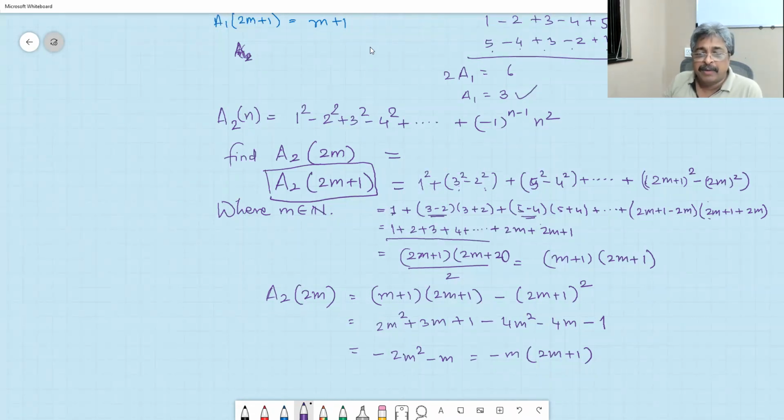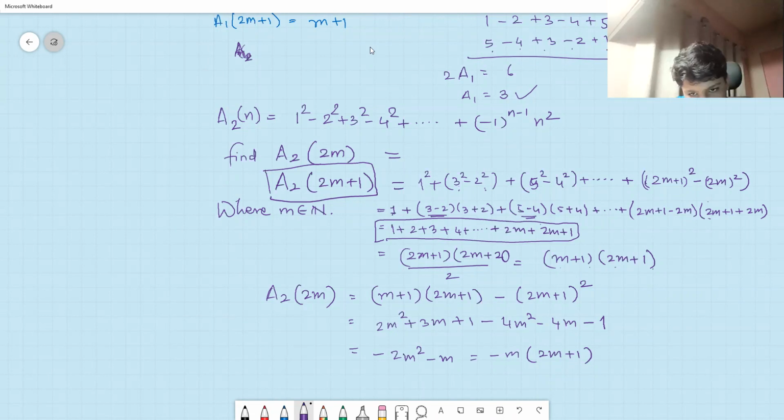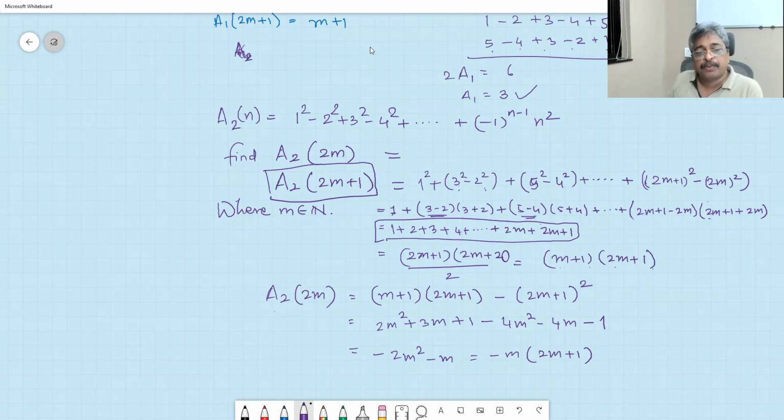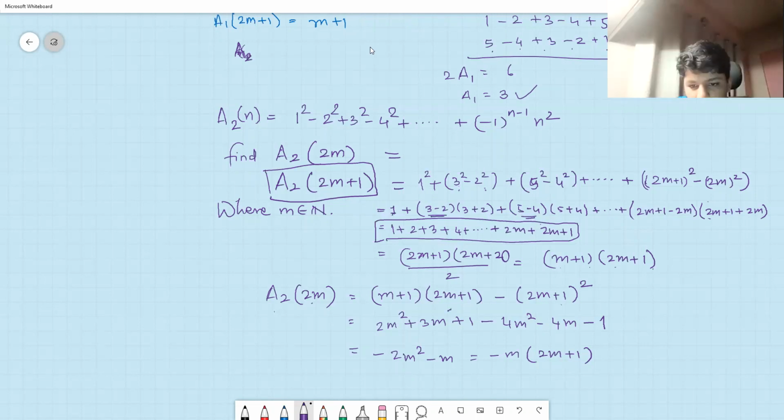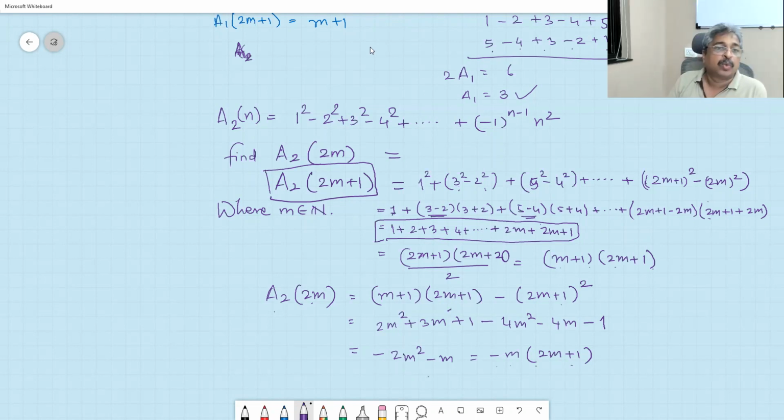Then you end up having the summation of the first 2m plus 1 terms, which is 2m plus 1 into 2m plus 2 upon 2, which is m plus 1 into 2m plus 1. And to find A2 of 2m, you need to subtract 2m plus 1 square from the previous answer. You end up getting minus m into 2m plus 1.